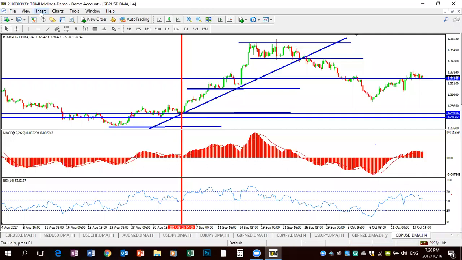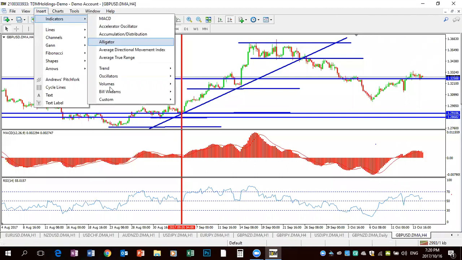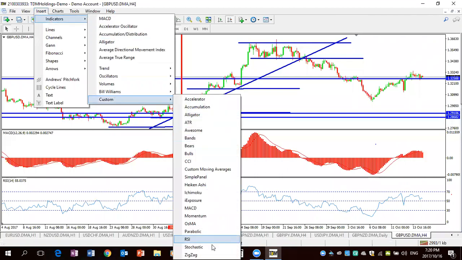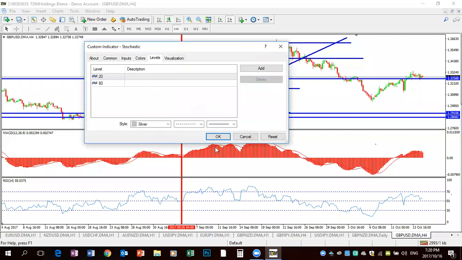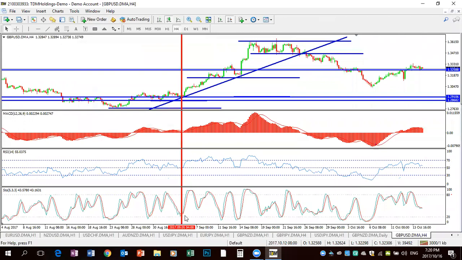And we said with stochastic, normally we use it for entry purposes. If our stochastic is around 20 or below, we want to buy. If it is around 80, we want to sell. Remember, you don't sell even if the stochastic says sell in an uptrend.